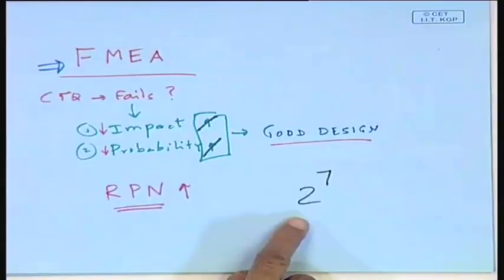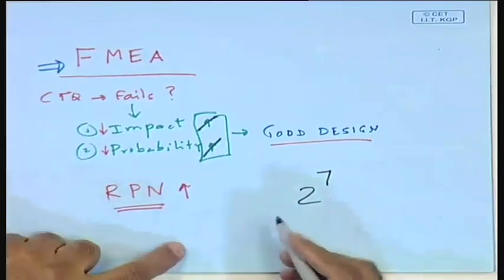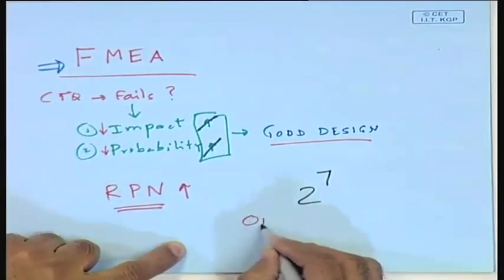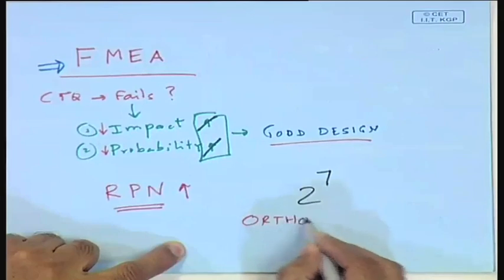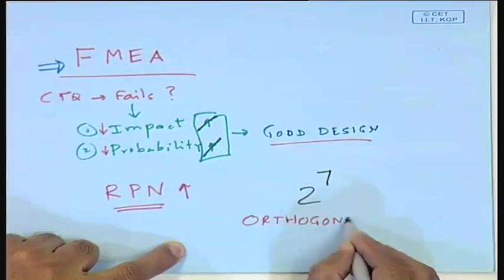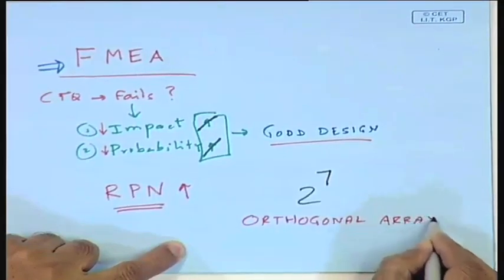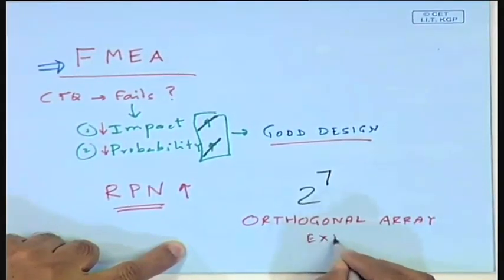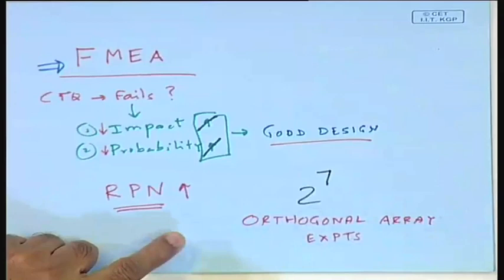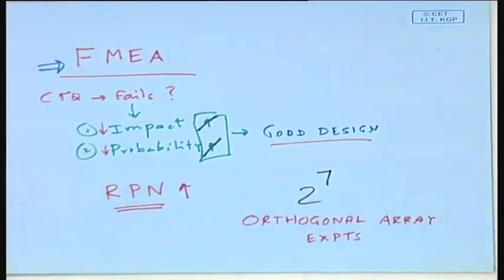We bring in the knowledge of statistics. We bring in the knowledge of the master black belt. And the master black belt says, well, you don't really have to run this many trials. Instead, what you could do is run orthogonal array experiments.